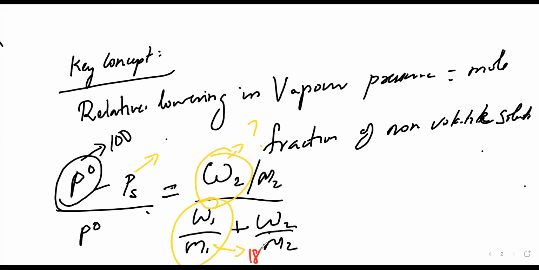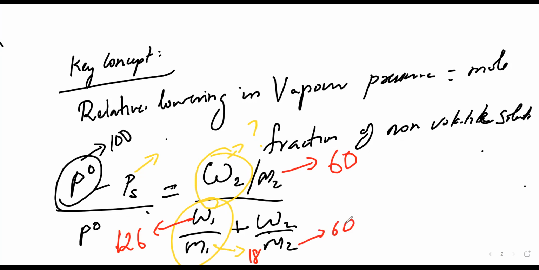Correct? Very good. W1 is 126. W2 I don't know, but M2 is again given as 60. So here also it is 60.